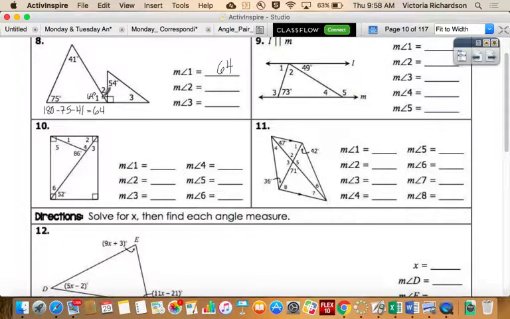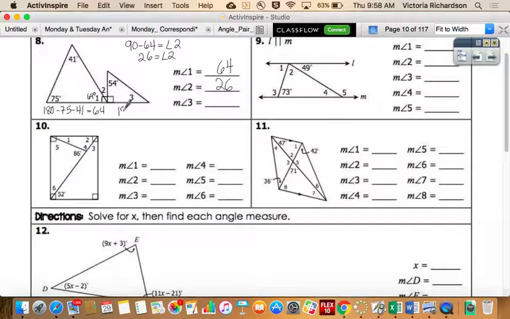If you remember, if there's a right angle on one side, there's going to be a right angle on the other side. So I can take the right angle and subtract 64 in order to find angle 2. And 90 minus 64 is 26. And now I can use the triangle theorem to find angle 3.